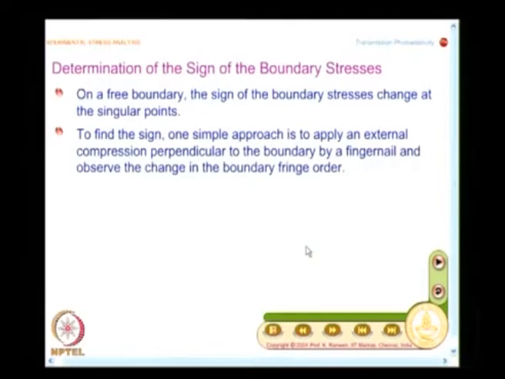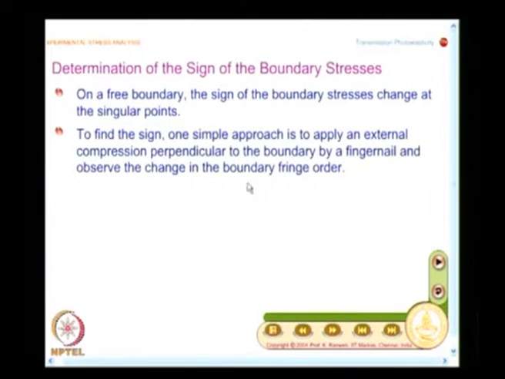And what I can do, to find the sign, a simple approach, is to apply an external compression perpendicular to the boundary by a fingernail and observe the change in the boundary fringe order.